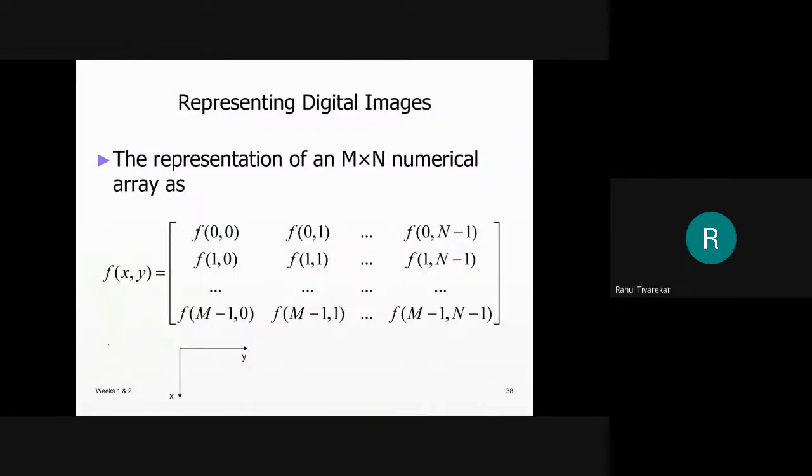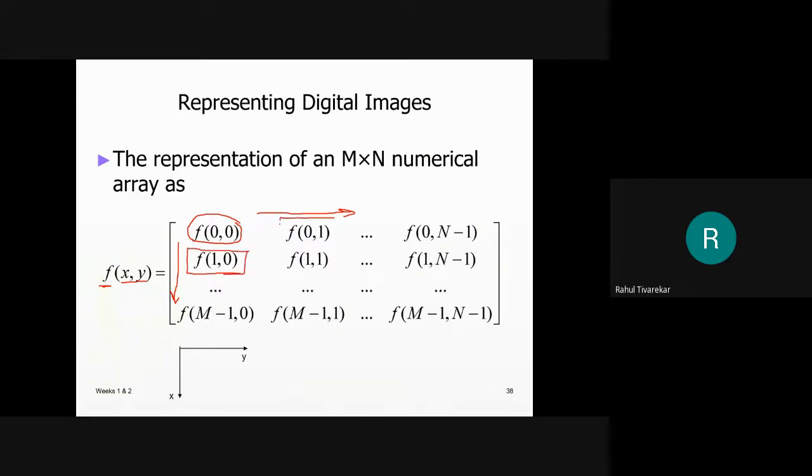I already told you that the image is the intensity at coordinate x comma y. So it is represented like this. The origin will be at the top left corner, and the y coordinate increases to the right, and the x coordinate increases downward. So the intensity at this point will be read as f of 1 comma 0.